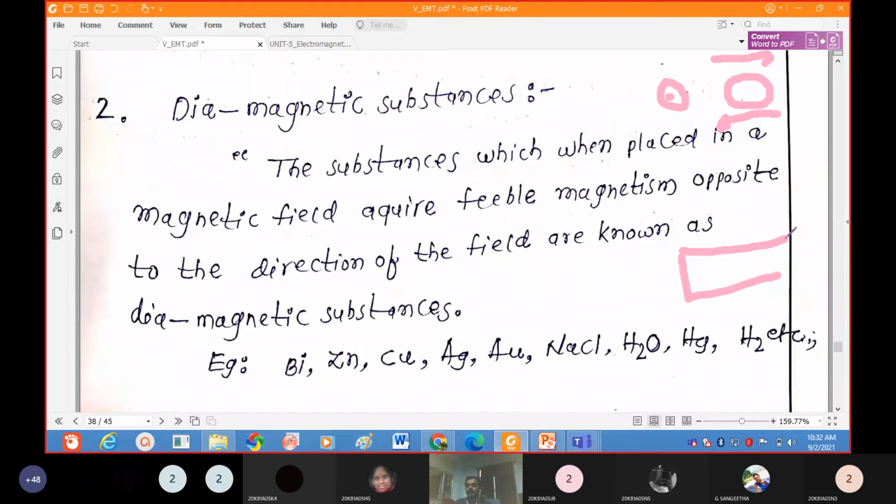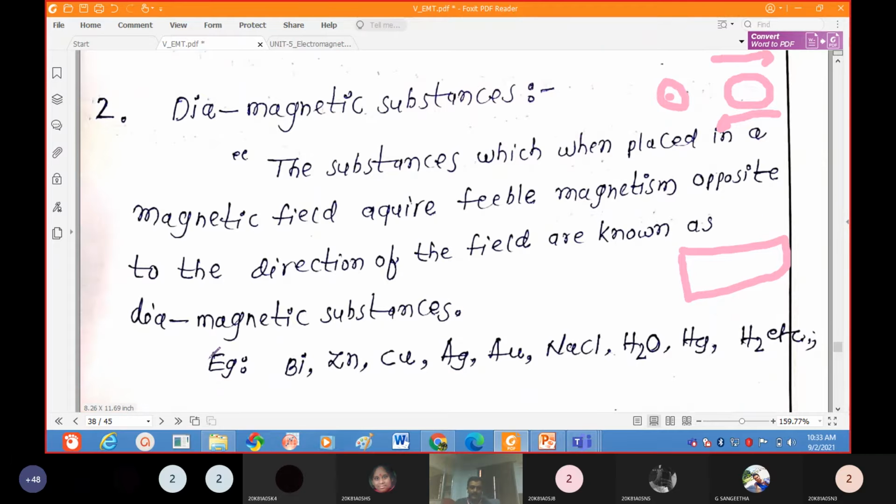If you take the substance, meaning a bar magnet or bulk magnet, not at the atomic level, and place it in a magnetic field, it gets feebly magnetized in the opposite direction, not in the field direction.